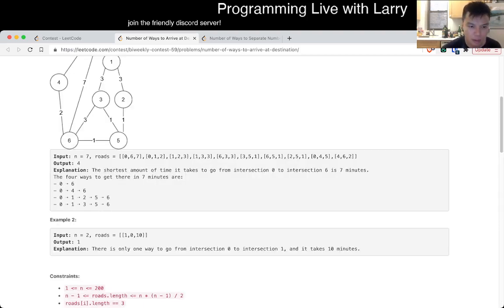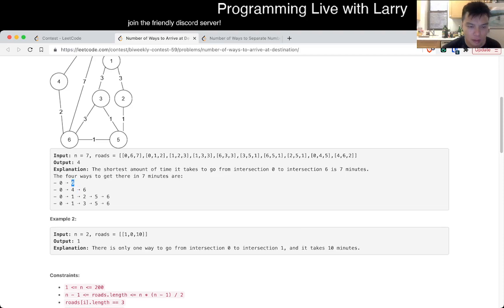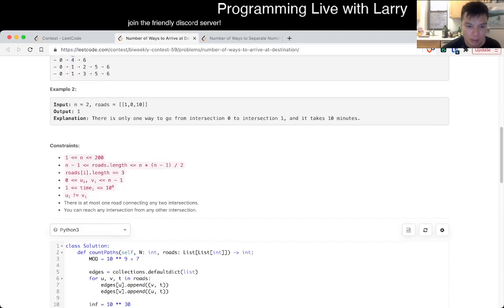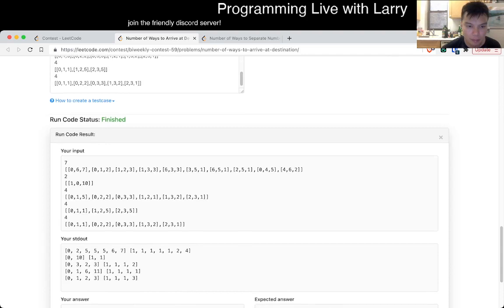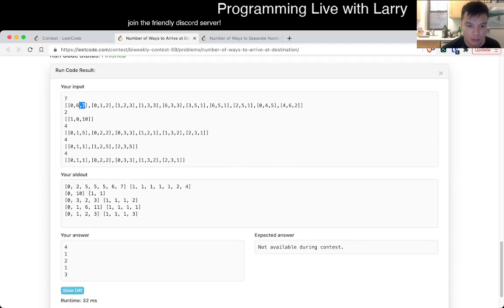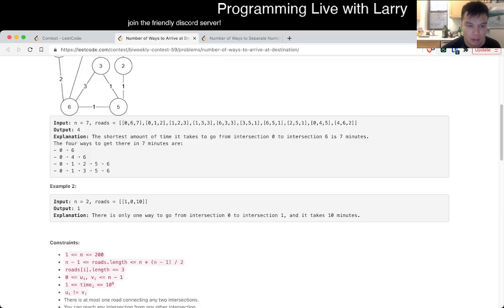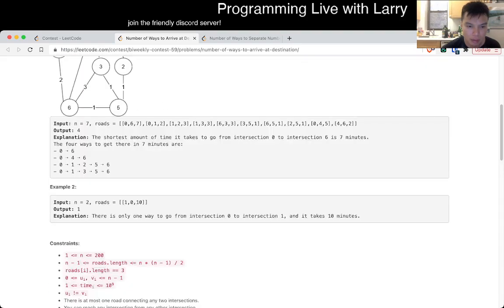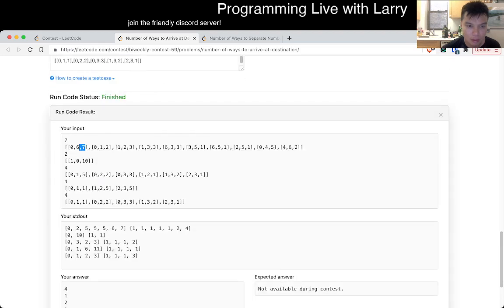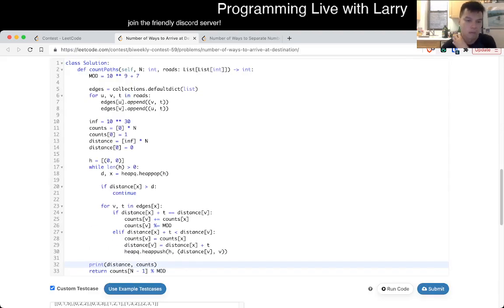Way to 4, 1 way to 6. 2 ways to 5. Tell me why.